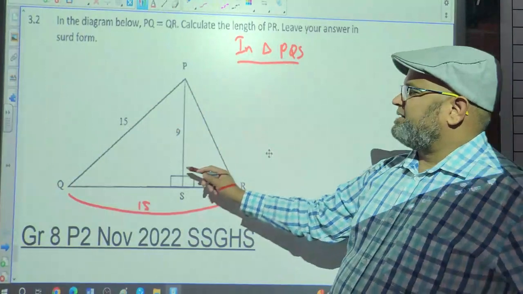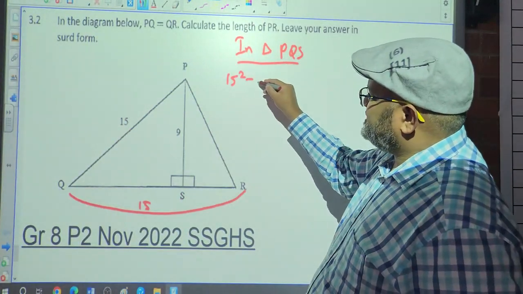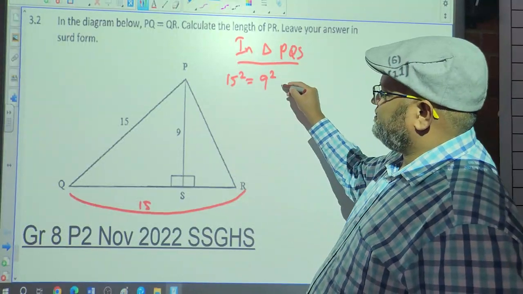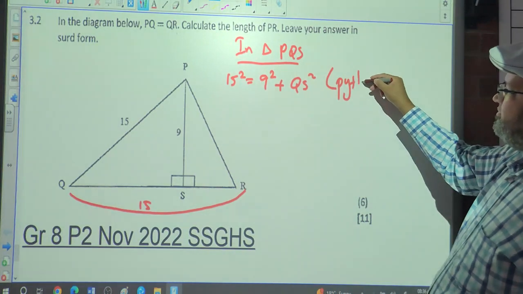What's the hypotenuse? 15. So I say 15 squared is equal to 9 squared plus QS squared. The reason? Pythagoras.